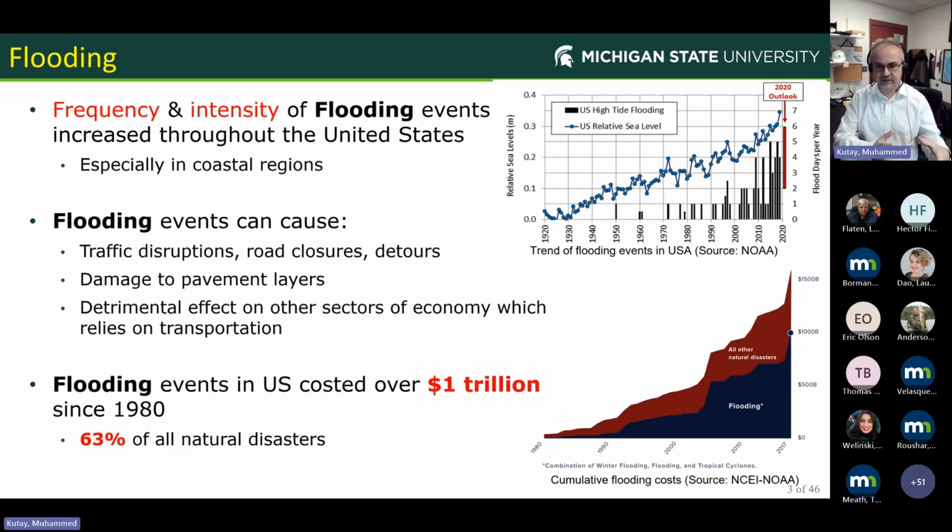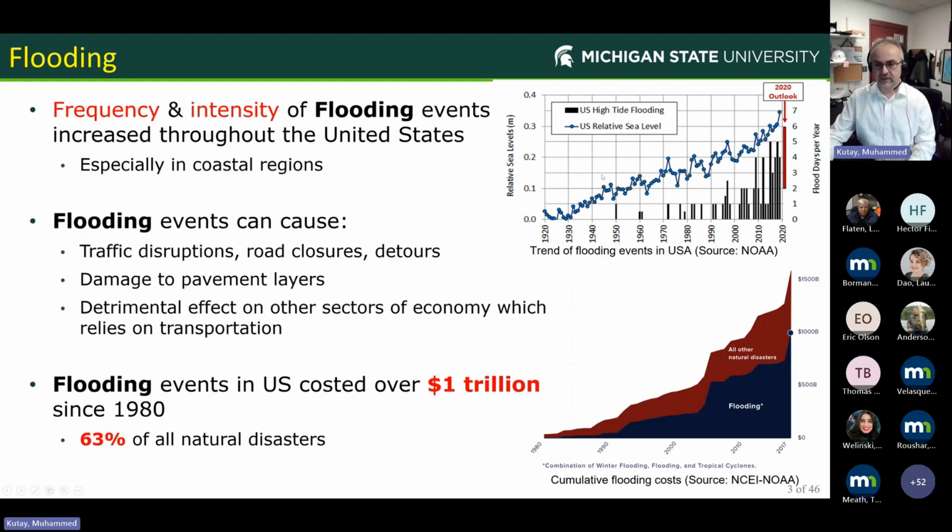If you look at the flooding events on the NOAA website, you'll see very good data there about the trend of flooding and the frequency of flooding and how they increase.